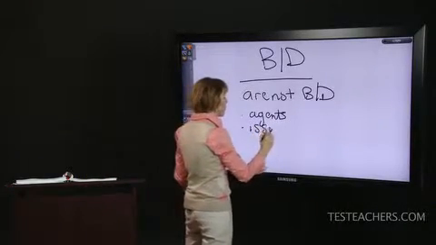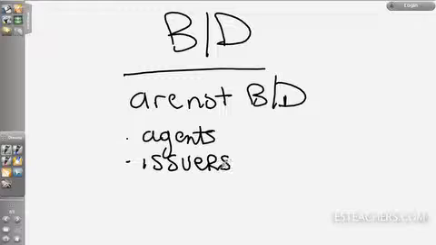Issuers. Microsoft sold stock. They're an issuer. They're not a broker-dealer. Issuers are never broker-dealers. Banks, savings institutions, and trust companies are never broker-dealers. I have a lot of students that work at the bank, and here they are taking this class.